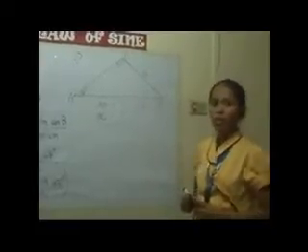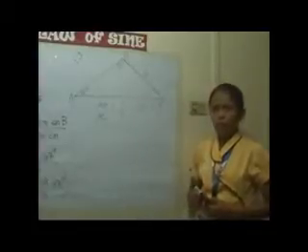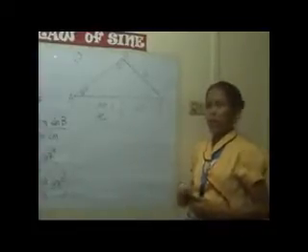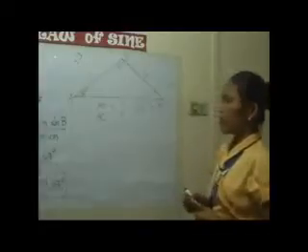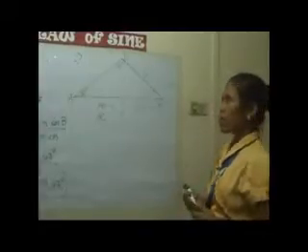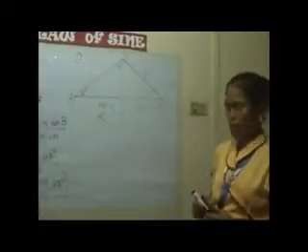So by using the angle sum theorem for triangles, the total sum of the angles in the triangle is equal to 180 degrees.